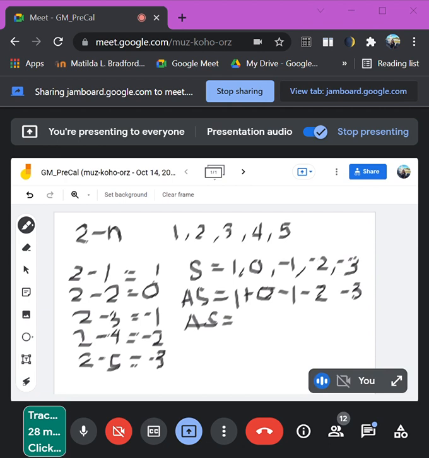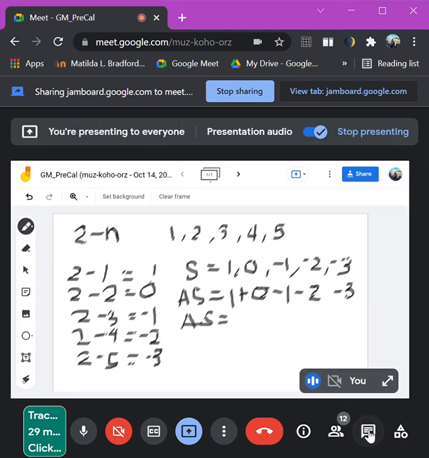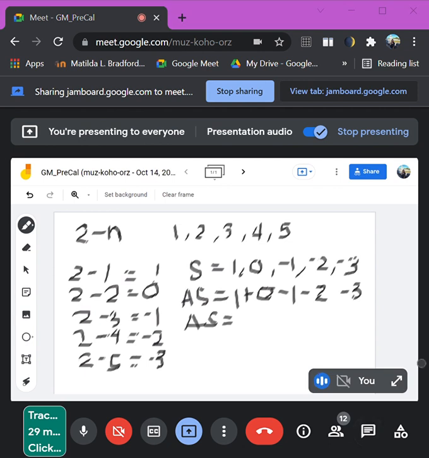Sige, you can use your calculator. Did anyone answer? Okay, we have negative 5.